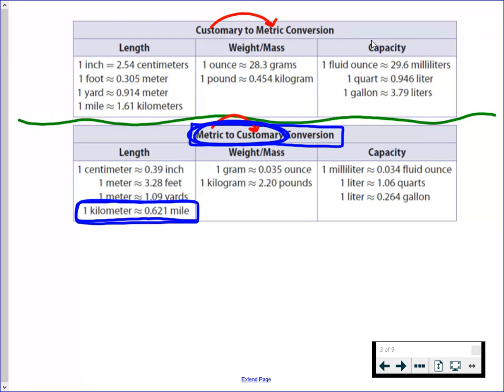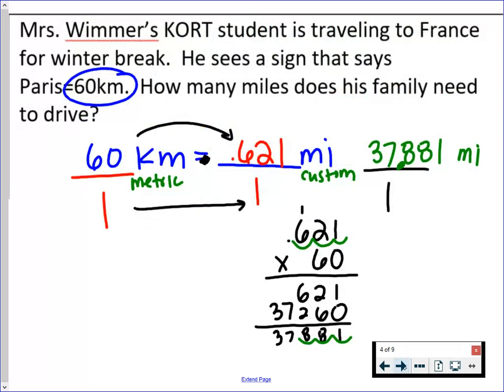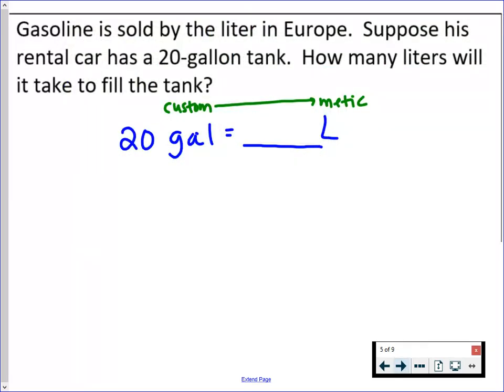So I'm looking at the top half and I'm looking for something about liters and gallons. Oh, here it is. What number goes next to liters? 3.79.